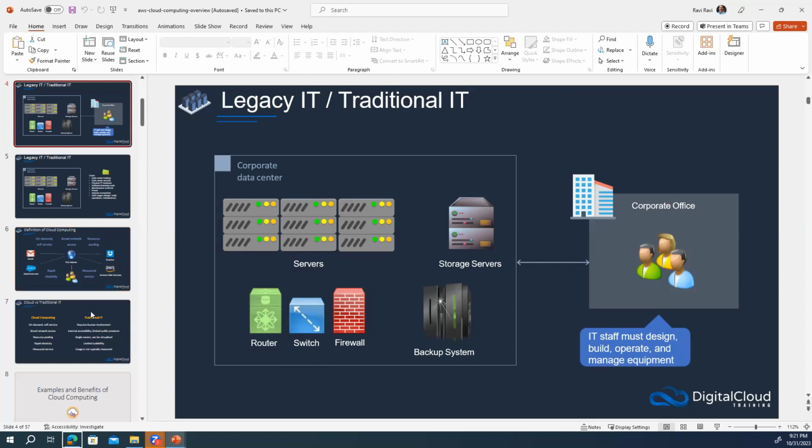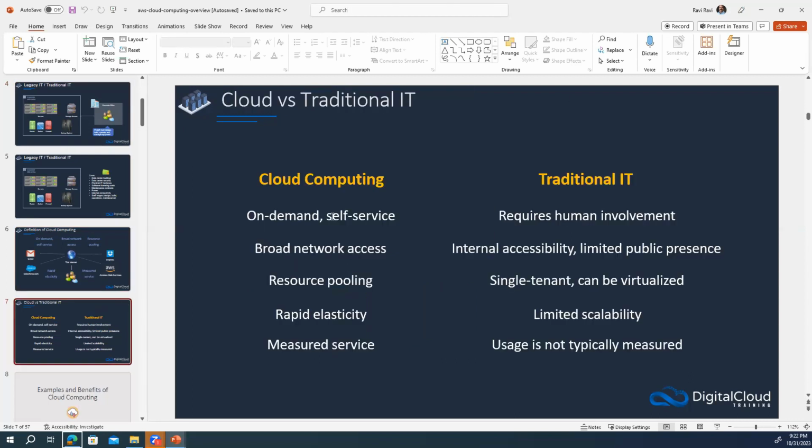But in the case of this one, it is a self-service. You yourself will be able to procure the compute systems, the operating system, memory, and everything. You should be able to configure and use them without any help from the infrastructure team. That's why it is always a self-service. And one more thing is that I told you it is a measured service.